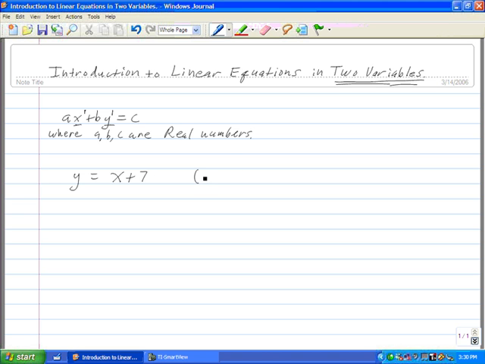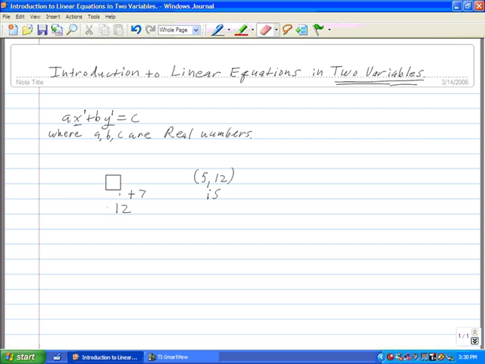Let's say we had the ordered pair (5, 12). Is it a solution? Making the appropriate substitution, putting a 12 in for y and a 5 in for x, and doing the arithmetic, we find that (5, 12) is a solution.